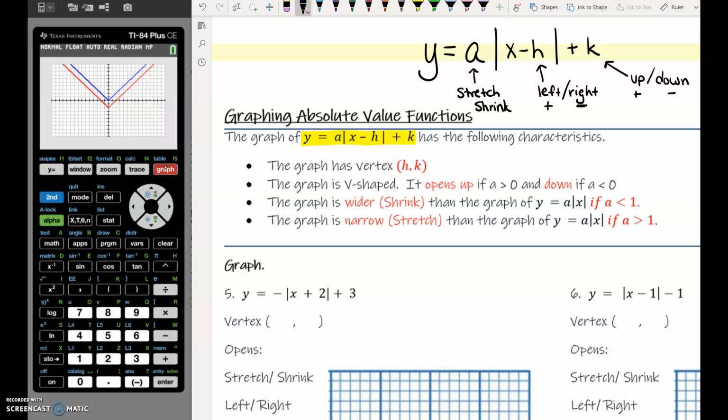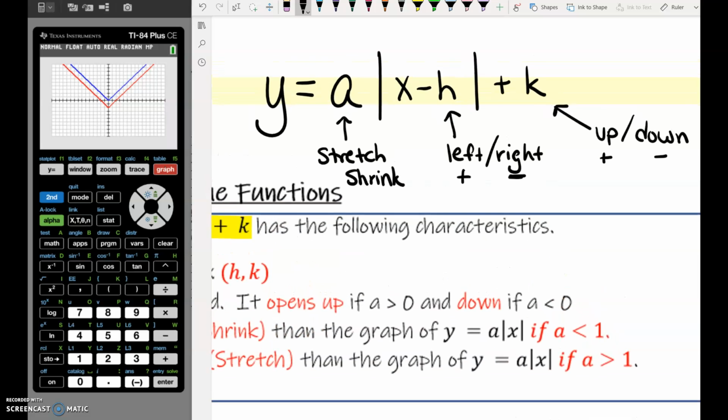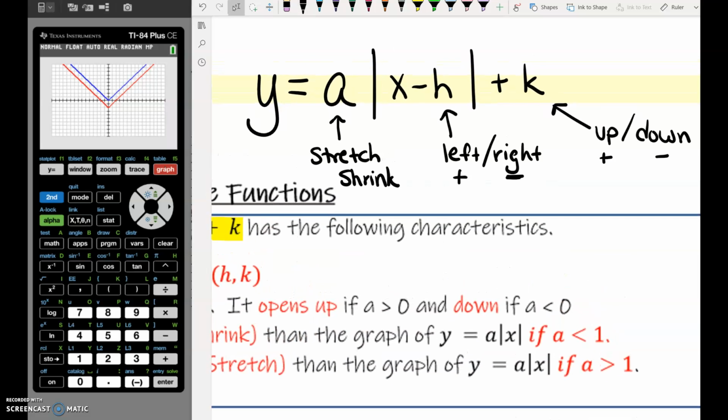Plus was up, minus was down. So if you have that written on your paper, you should be good for the assignment. A stretch is going to be more narrow, so I'm going to put an N next to that for more narrow. A shrink is when it's wider.